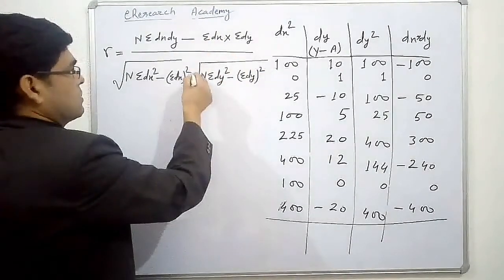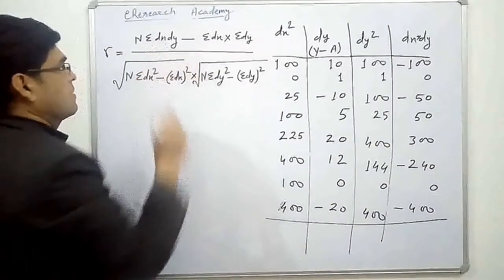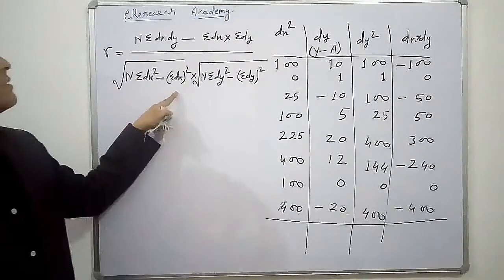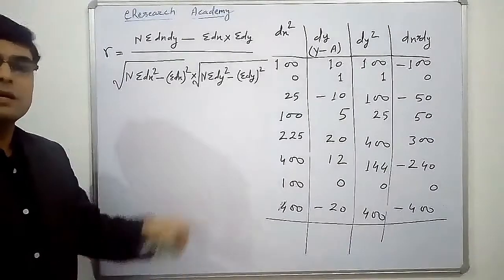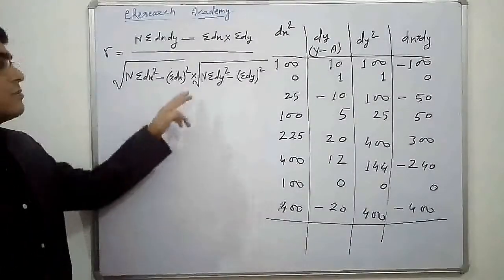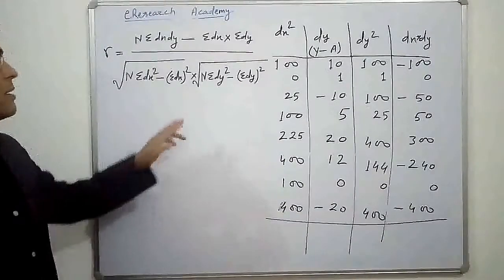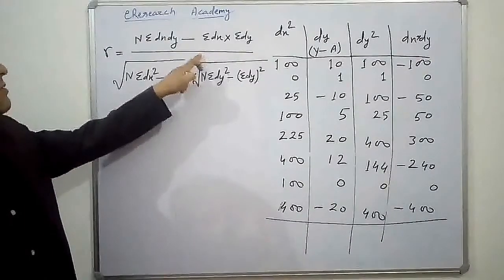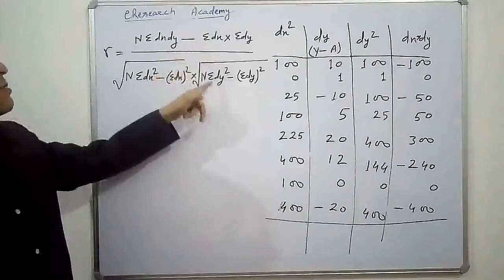Okay, so this is the formula for calculating our correlation by the shortcut method. The correlation by shortcut method will be calculated by applying this formula here.